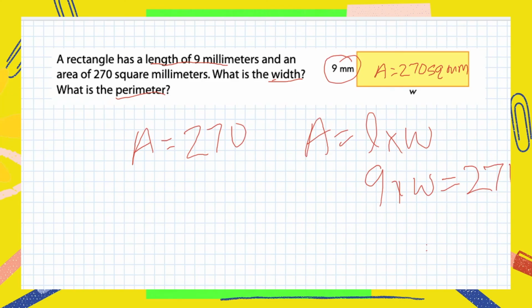Therefore, I can take 270 and divide it by 9 to get W. Or I can think about multiples. You choose which way you want to find W, and I'm going to give you a minute to think it out.